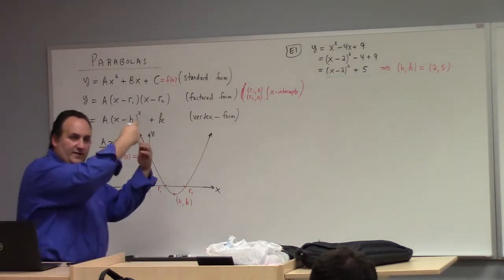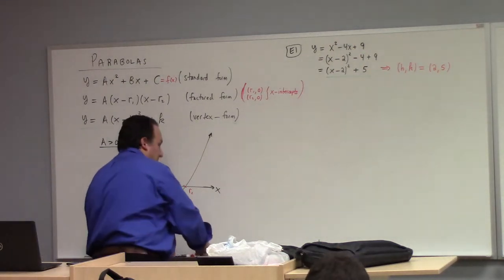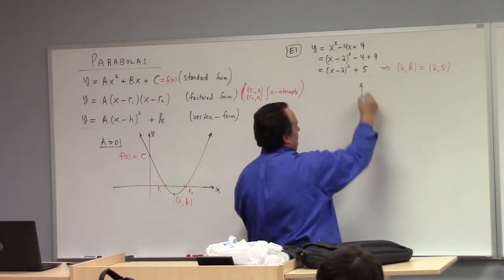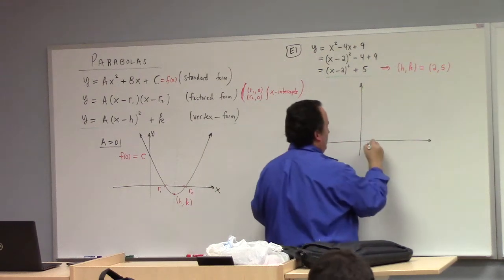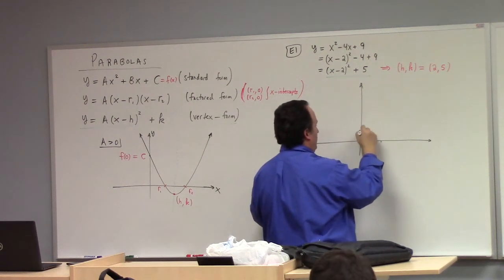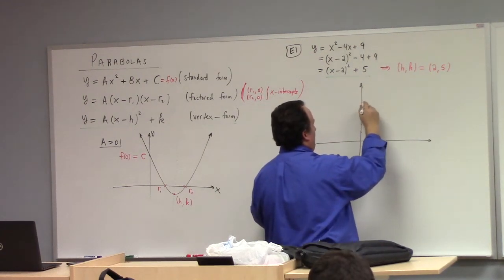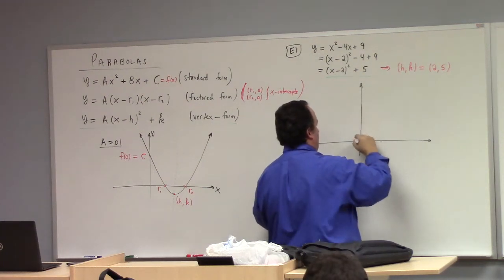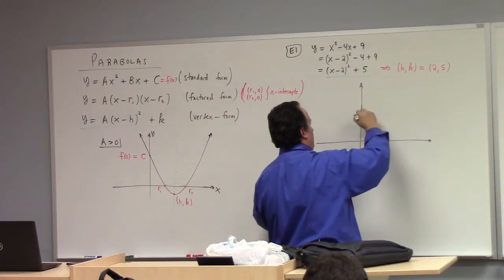Now, okay, so we can graph, because we know where the vertex is. Poor planning on my part. Let's see here.